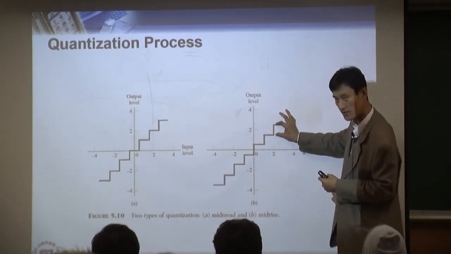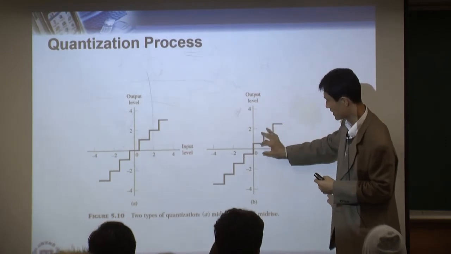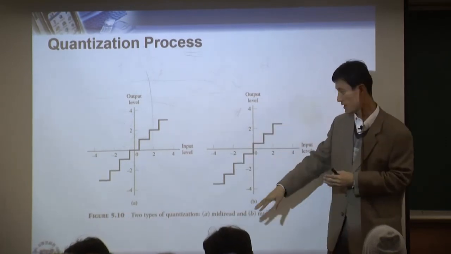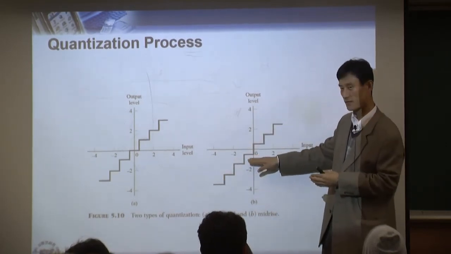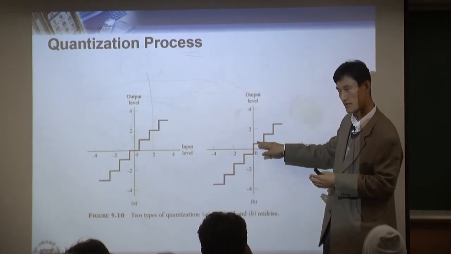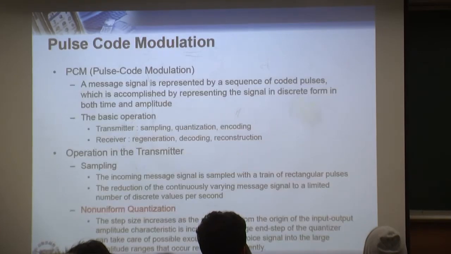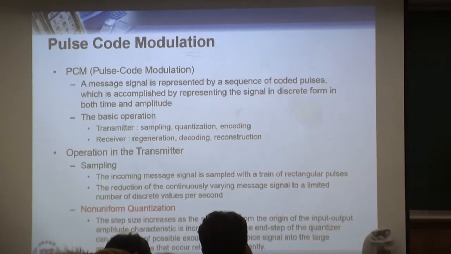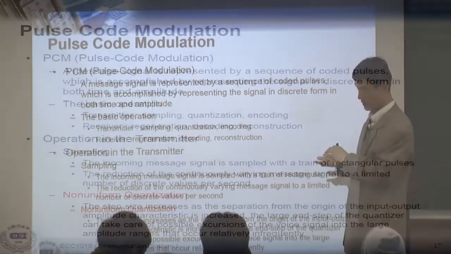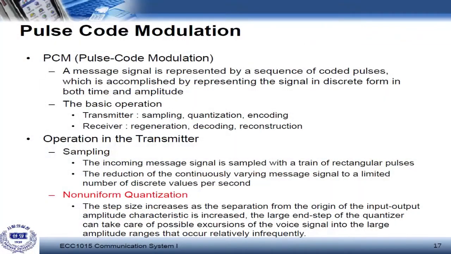This is called the step size. We have the same step size every time. Look, this is a stair step. It's the same all the time. So that's what we call uniform quantization. That's typically what happens for quantization. That's the pulse modulation.